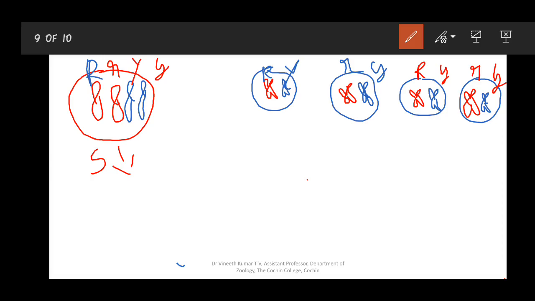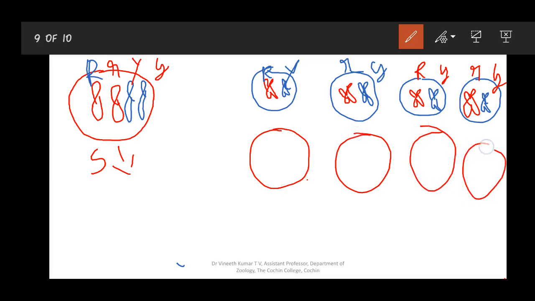Okay, every cell is going to undergo meiosis 2, which is the same as mitosis. So this will be the metaphase arrangement, every chromosome inside the cell in the form of a straight line. This is also in the form of a straight line here.